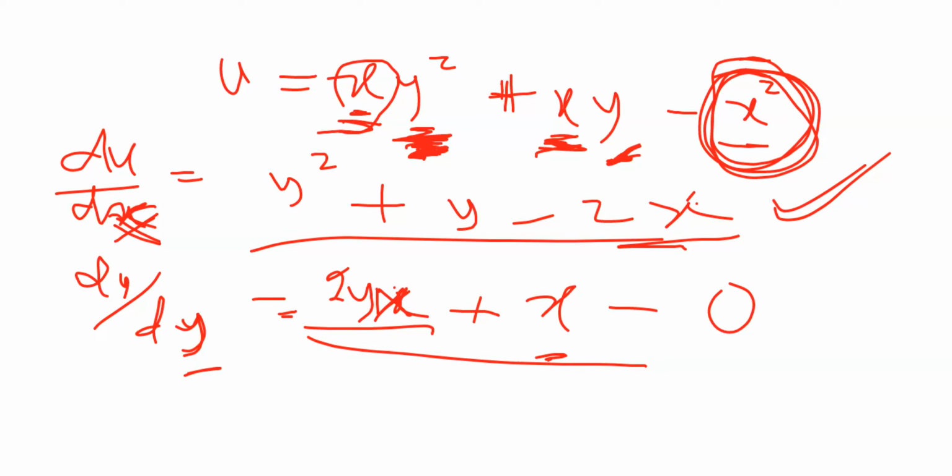Okay. And the second one, dz dy, I got, I think it's 50y raised by 9. Okay, is that all? Yes. I want to find out whether you are correct there.